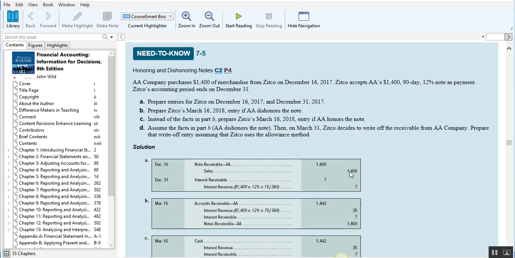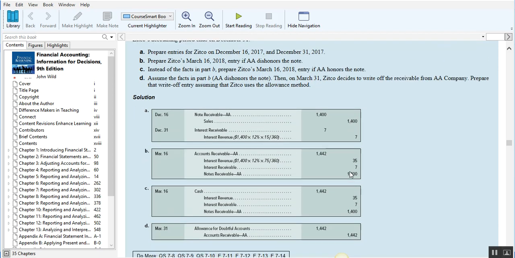Here in this need to know 7-5, you can see some of the transactions that they're showing you. And these transactions are going to be very similar to what we've already talked about. They're showing the note receivable that's being received when something is sold. They're calculating interest receivable through the end of the year, and they're going to calculate interest revenue.